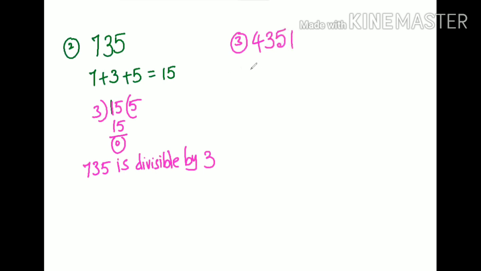4,351. Sum of all the digits: 4 plus 3 plus 5 plus 1. That is 4, 9, 13, wait, 4 plus 3 is 7, 7 plus 5 is 12, 12 plus 1 is 13.